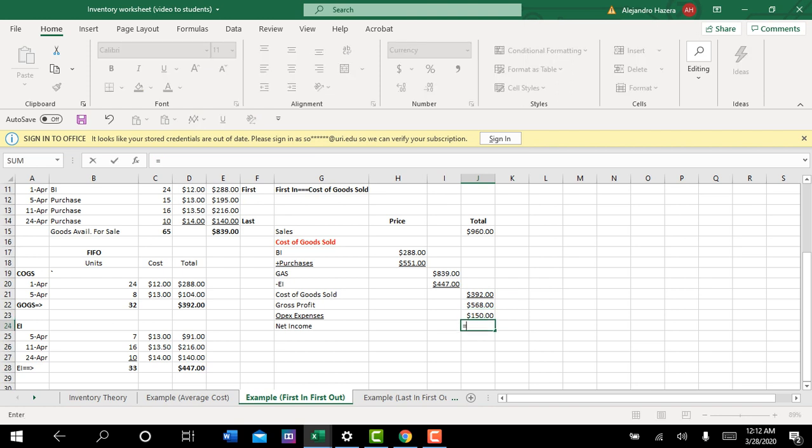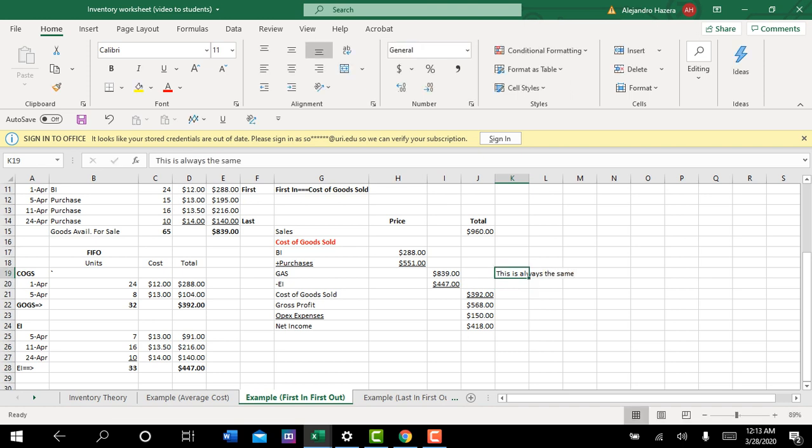Now I want you to notice something: the goods available for sale is always the same. What differs under each method is the gross profit.